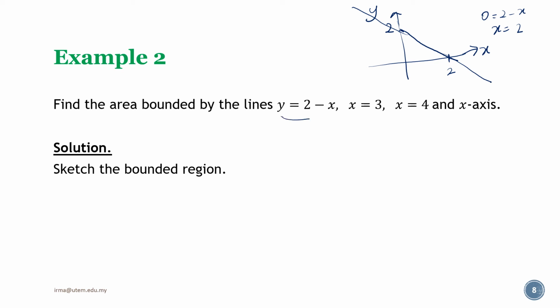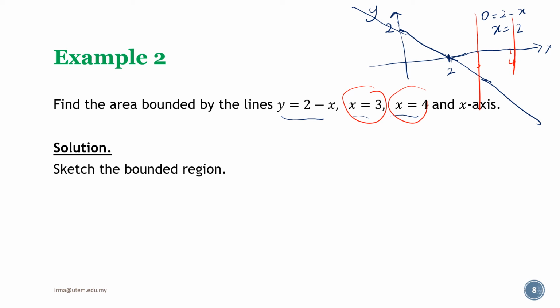We have y equal to 2 minus x, we have x equal to 3 and x equal to 4, which means that you can extend the x-axis here, and this is the graph, where we have 2 over here. 3 and 4 are greater than 2. So somewhere here, this is 3 and this is 4.